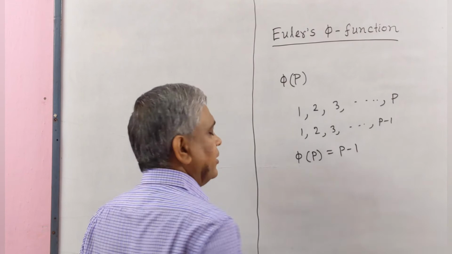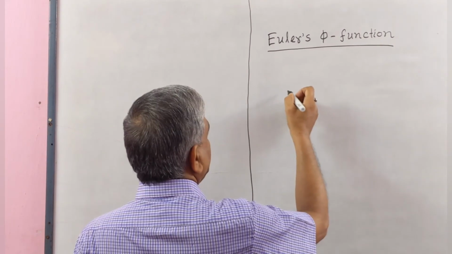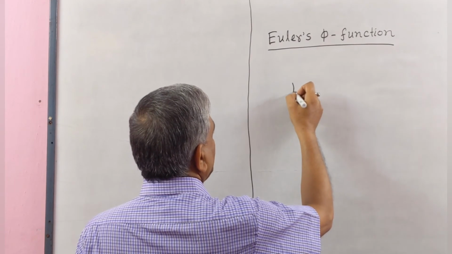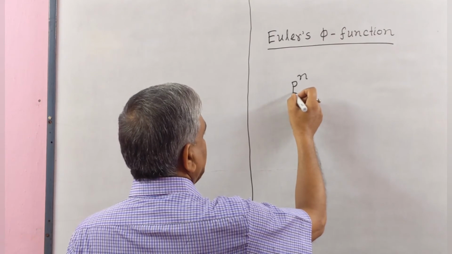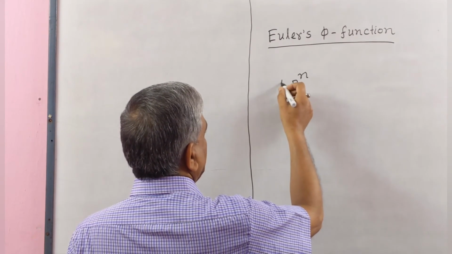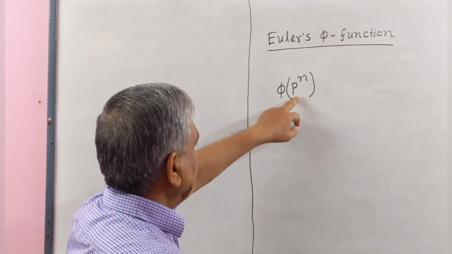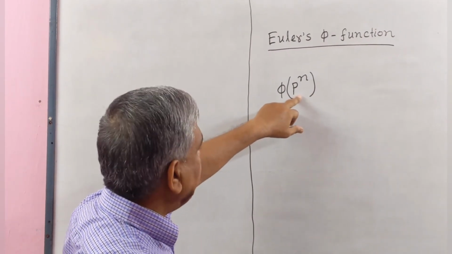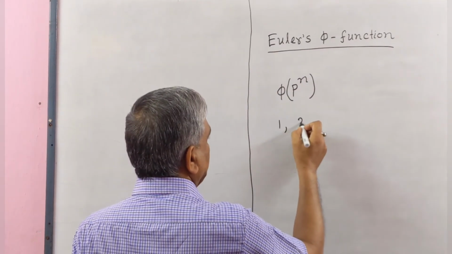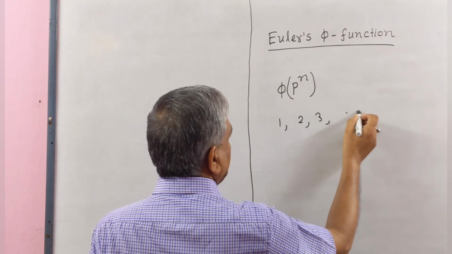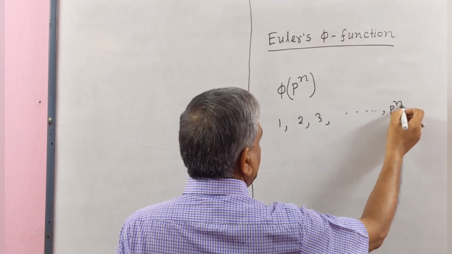Now we find Euler's phi function of p to the power n, p is a prime number. Therefore, we have to find phi p to the power n. Positive integers not exceeding p to the power n are 1, 2, 3, ..., p to the power n.